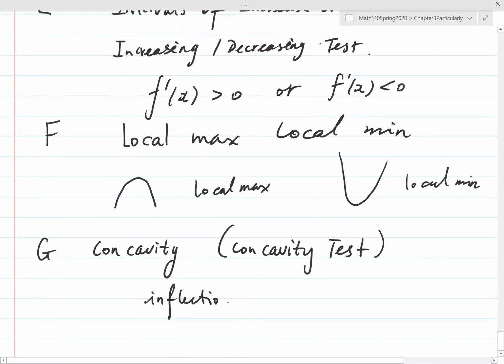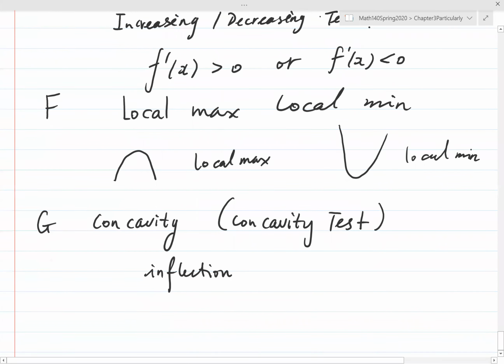An inflection point is a point on the curve where the concavity changes, i.e. the function changes from being concave up to being concave down, or from concave down to concave up. So we have inflection points.